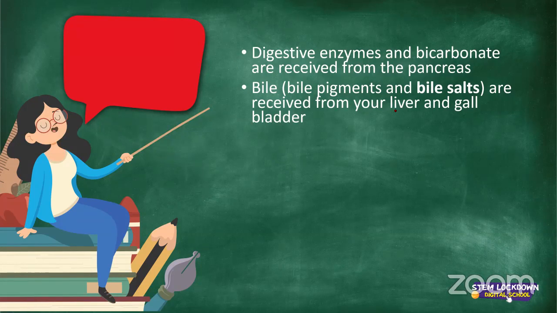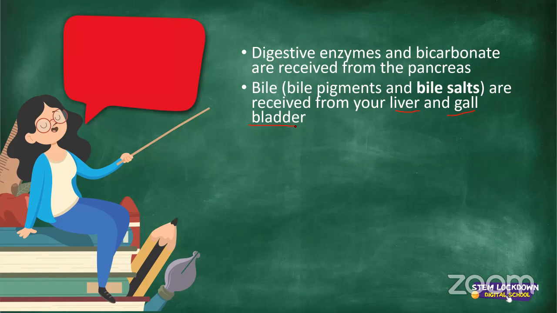The reason we say the liver and the gallbladder is because, remember, bile is manufactured and secreted in the liver, and after that it moves to the gallbladder, where it is stored. So it is secreted in the liver, then stored in the gallbladder, then the gallbladder releases it into the duodenum.